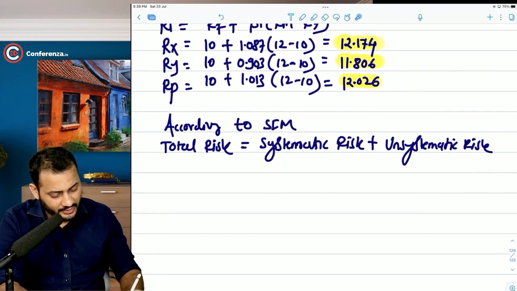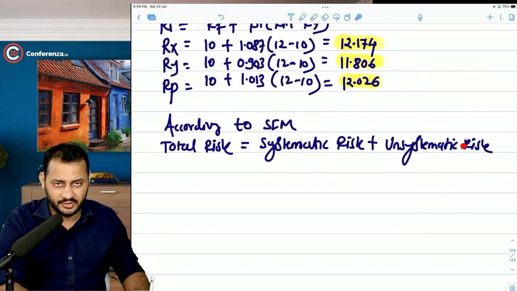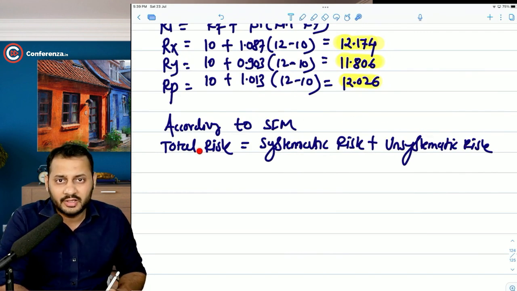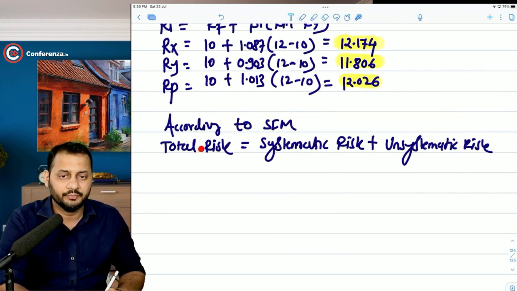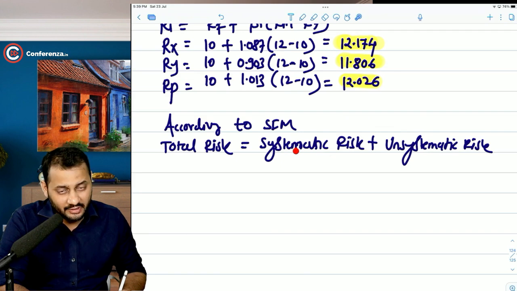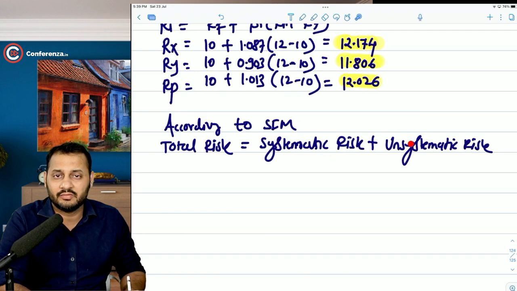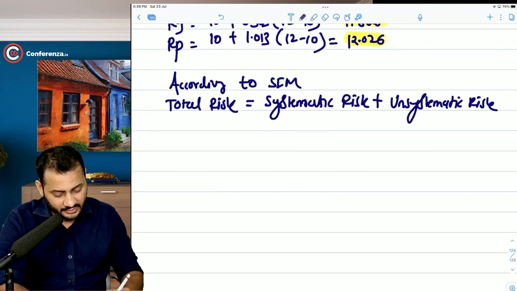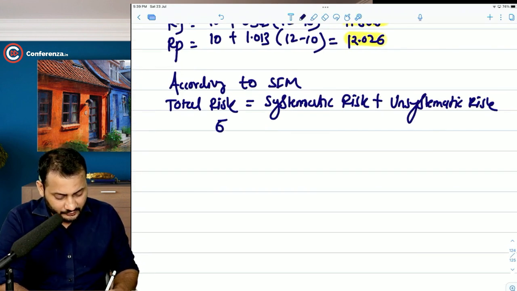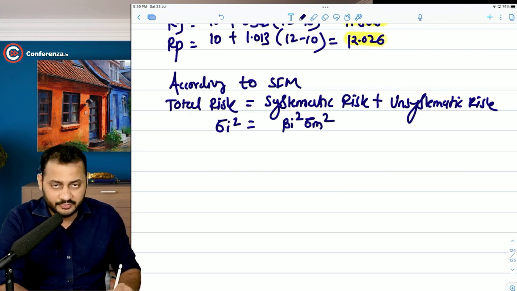Now let me tell you one thing. They asked us to calculate the systematic and unsystematic. Total risk is already calculated by you. I will just show you. Systematic is what you have to calculate, and then deduct this systematic from the total risk to arrive at the unsystematic part. Let's start. Standard deviation of I square is equal to beta I square standard deviation of m square.